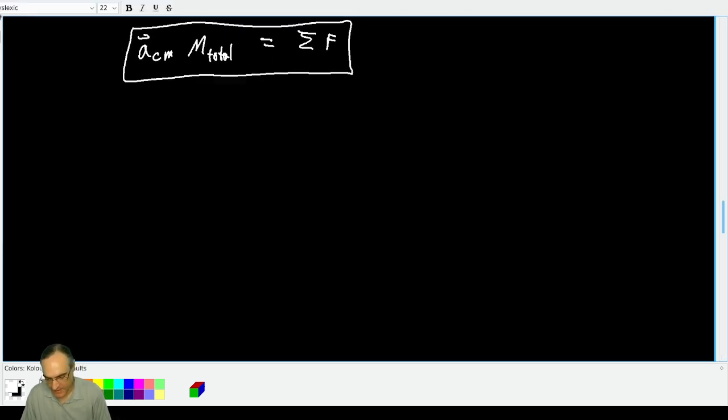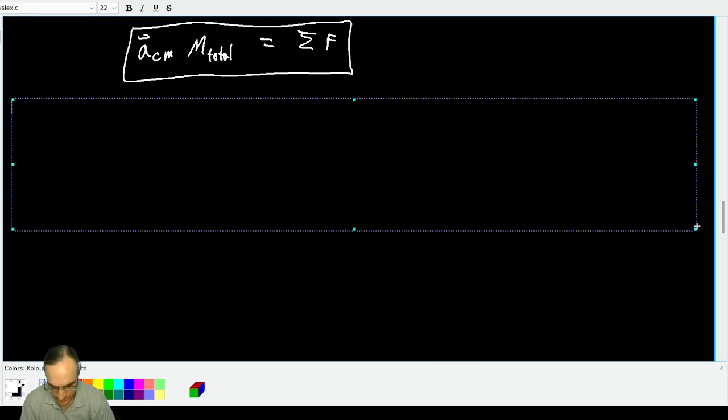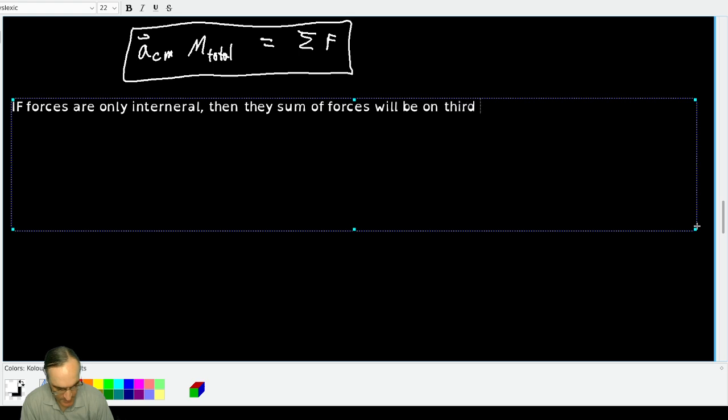All right, what is this equation telling us? Well, if forces are only internal, then the sum of forces will be on third law pair forces exclusively. That means the net force is 0.